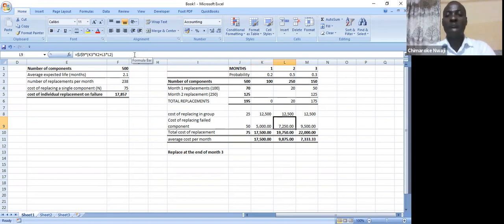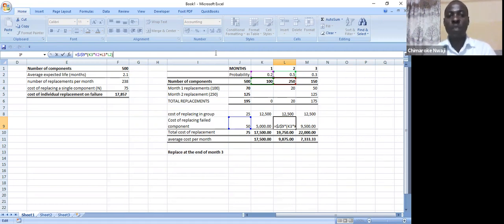In month 2, how many components failed? The 100 that failed in month 1 will be replaced in month 2. 20% of 100 is failing in month 2. So out of that 100 that failed in month 1, the probability is 20%.